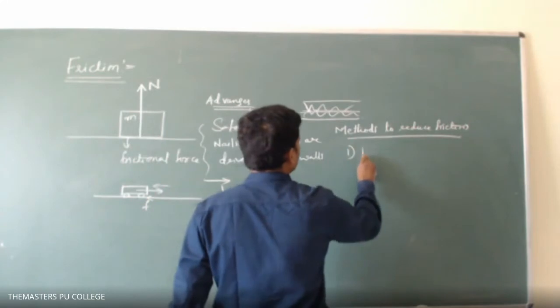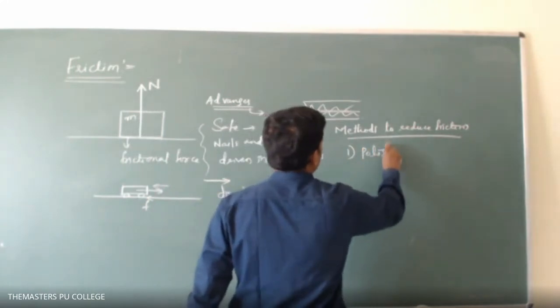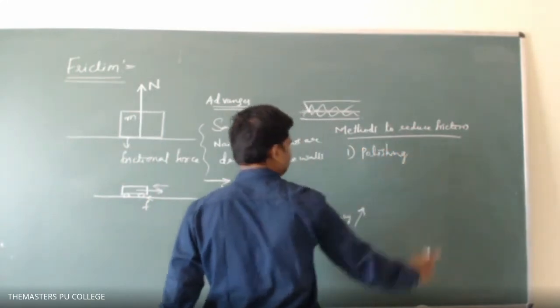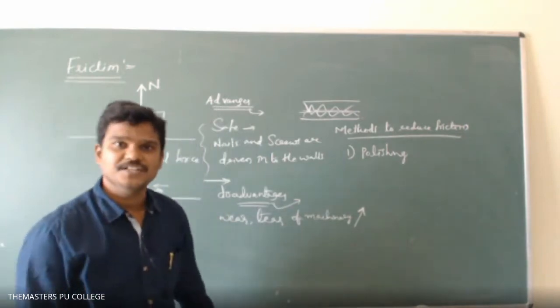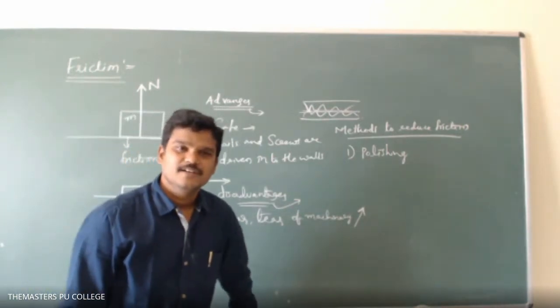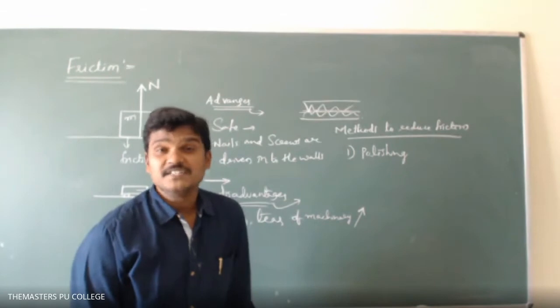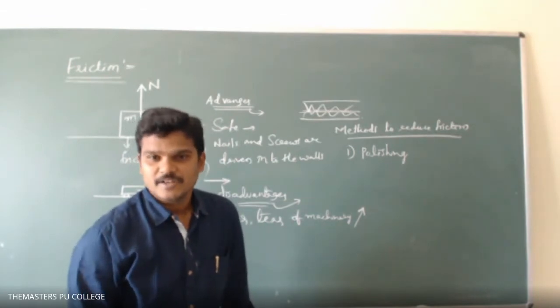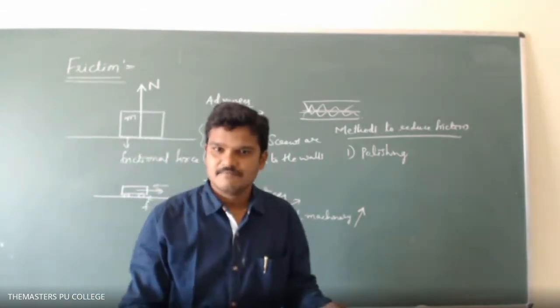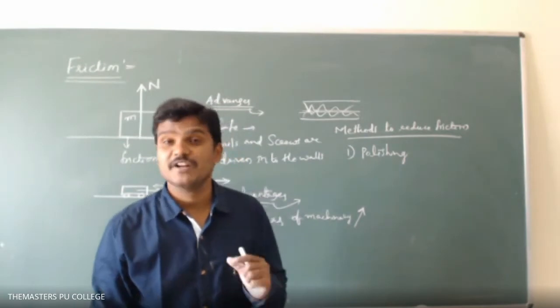See, there are 4 methods to reduce friction. One is polishing. By polishing the surfaces to some extent, friction will be reduced.